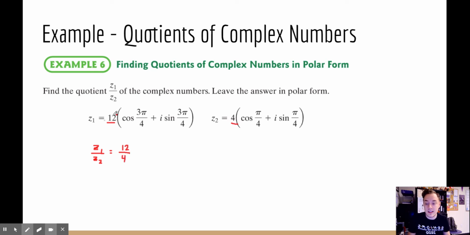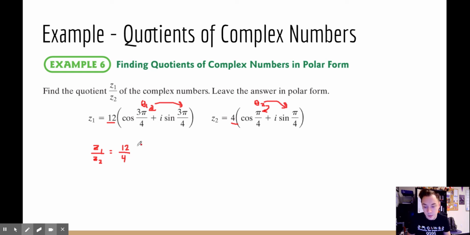You always take the z sub 1 divided by the z sub 2, and you always take the theta sub 1, subtract the theta sub 2. Okay?